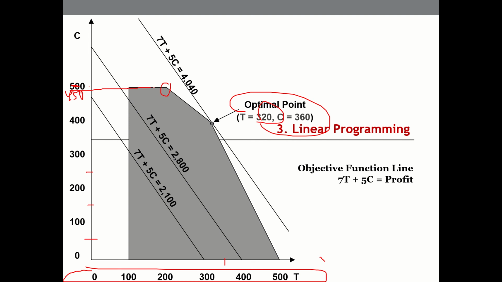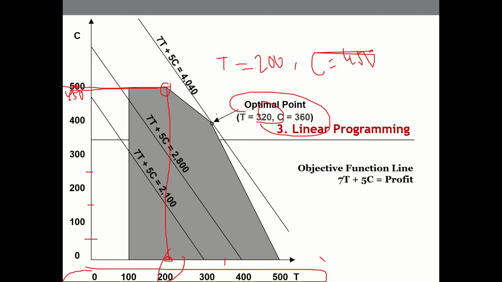So let us assume this is 450. If you draw a straight line, table can be, let us assume, 200, and chair can be 450.